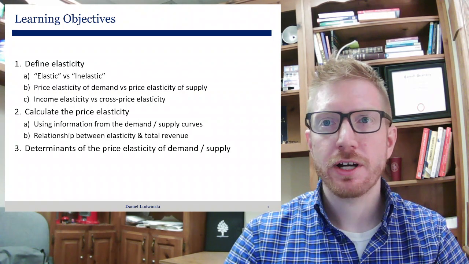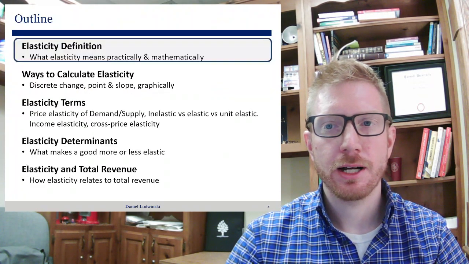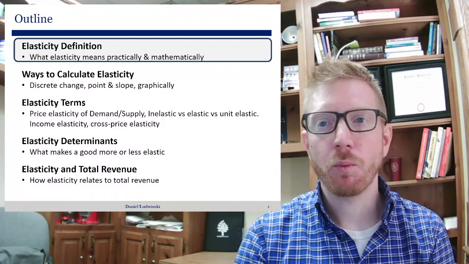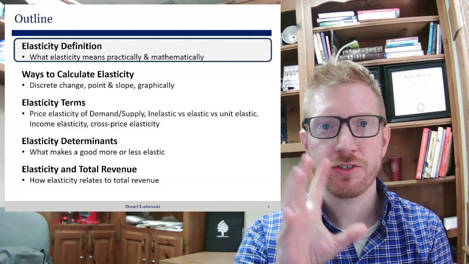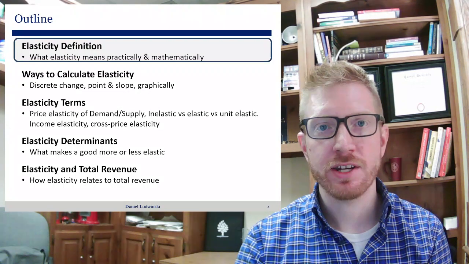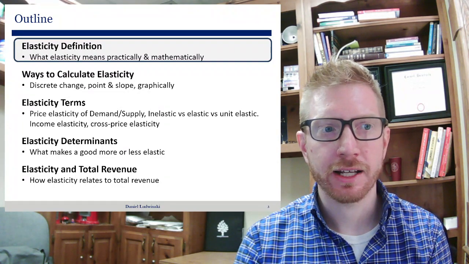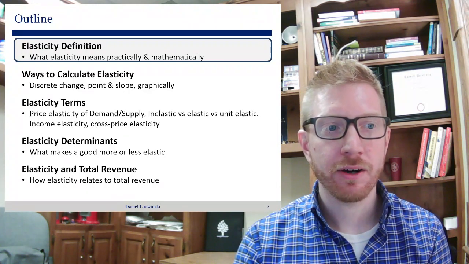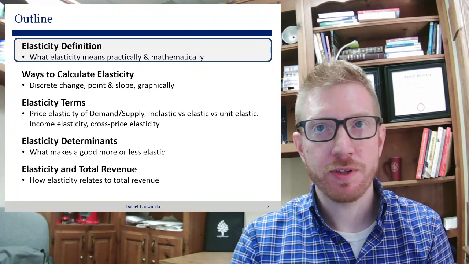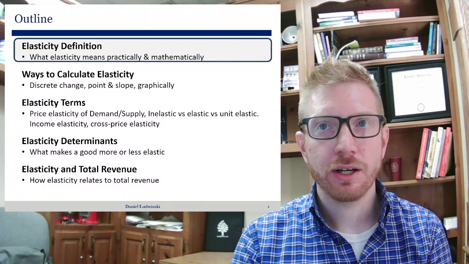In terms of the lectures, the outline, what I'm going to do in this first lecture is mainly be focused on the definition of elasticity, what it means both practically and mathematically. Then we'll talk about how to calculate it and different ways to do that.